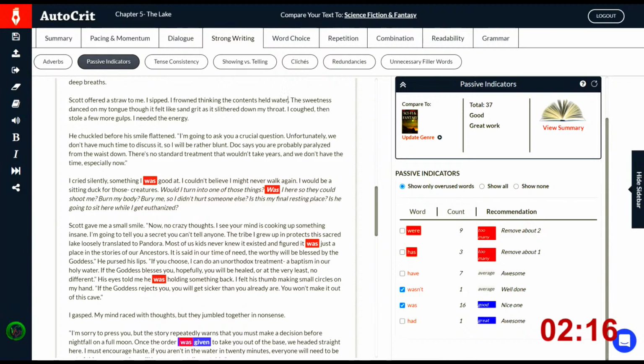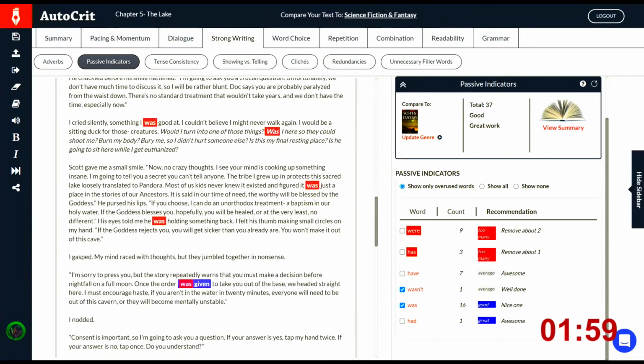Okay, so I frowned thinking the contents held water. The sweetness, and then I'll just say instead, sweetness danced on my tongue. So that changes that.